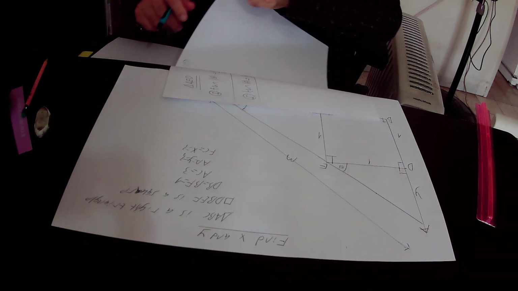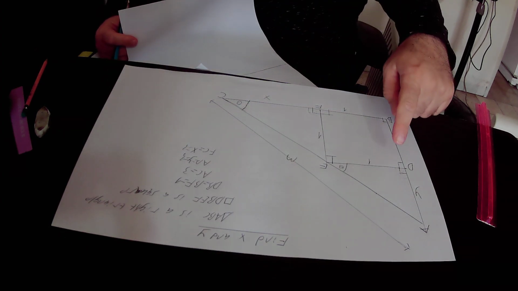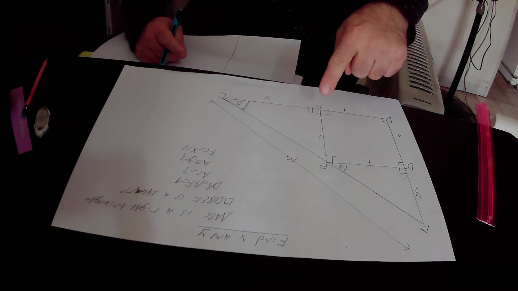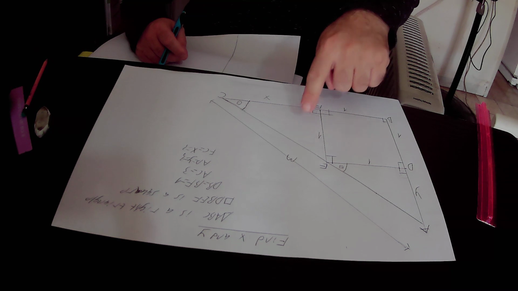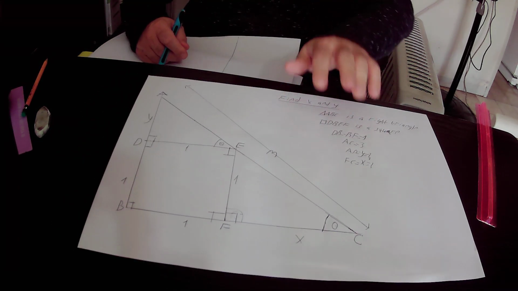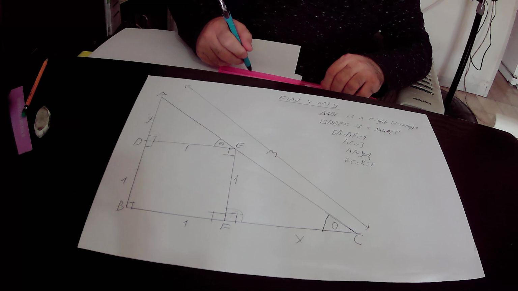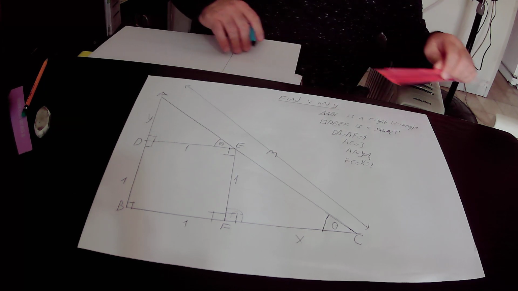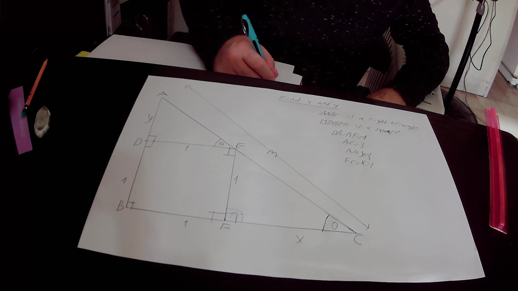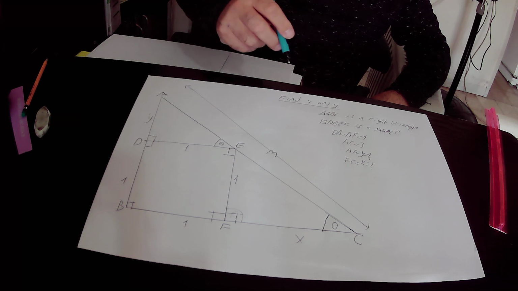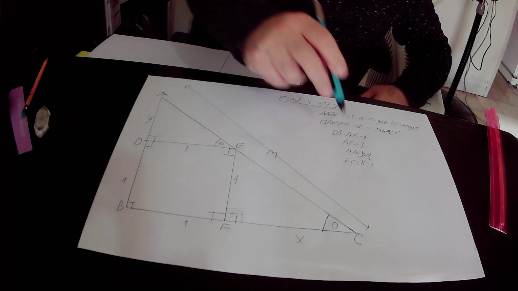In the next step, we focus on triangle EFC. On triangle EFC, we know that tangent theta equals EF over FC.